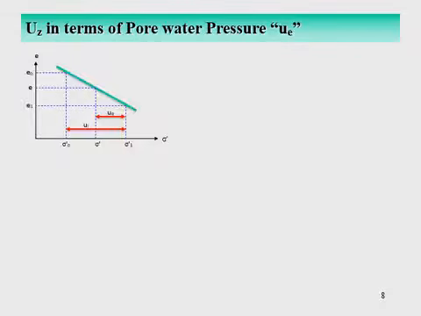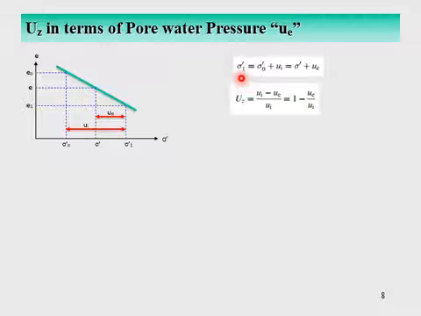So you see sigma 1 prime is equal to sigma naught prime plus Ui. You know this relationship, right? With time, sigma naught prime would increase to sigma prime and Ui would decrease to Ue, right? But the summation would be equal to sigma 1 prime.